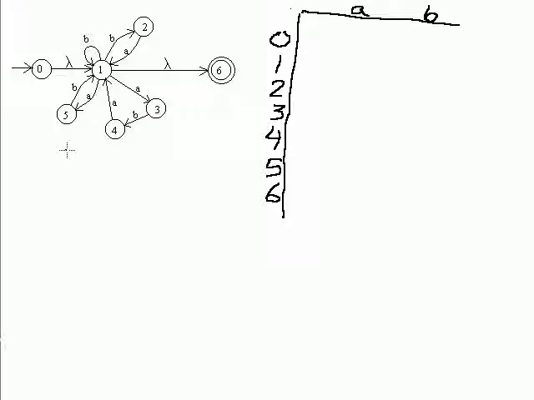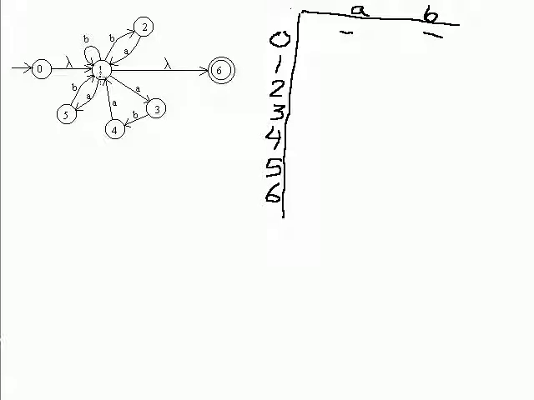Now, when you're making this table, you look for transitions that leave the state directly labeled with this letter. So when we're doing 0, we're looking at 0 to see if there are any transitions labeled A that leave directly out of state 0, and there are not. I usually just put a little dash for that, and there's also not any leaving out of 0 that say B. Now let's do state 1.